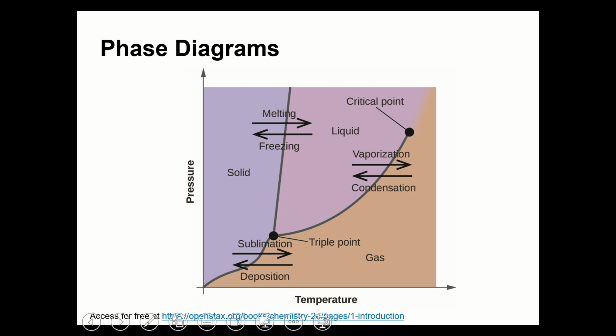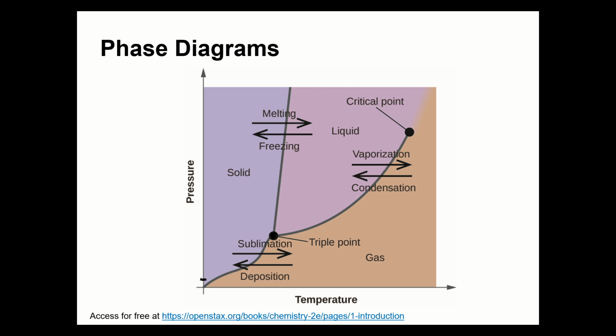So let's look at a typical phase diagram. Again, that triple point you can see is where we have all three phases, the solid, liquid, and gas. Typically the normal pressure on these graphs is going to be very far down to the bottom corner.